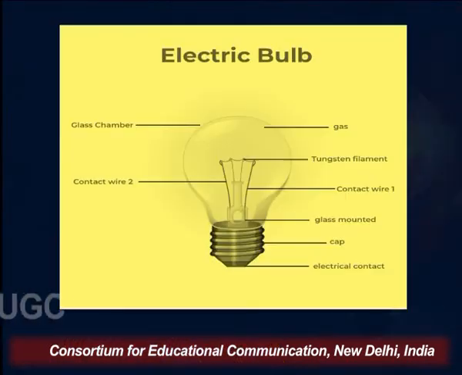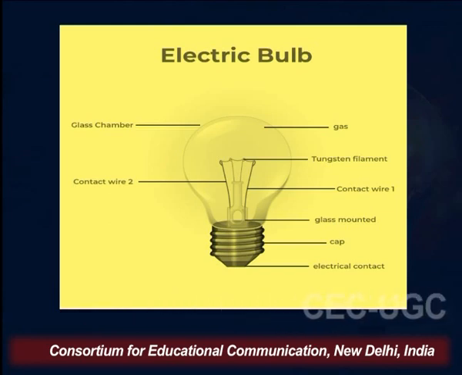gas. You see here on the screen that this is the electric bulb. You are seeing that the inert gas is filled on the right hand side, you see the tungsten filament, and this tungsten filament is connected with the two contact wires, contact wire 1 and contact wire 2. And you see there is a glass mount at the bottom.